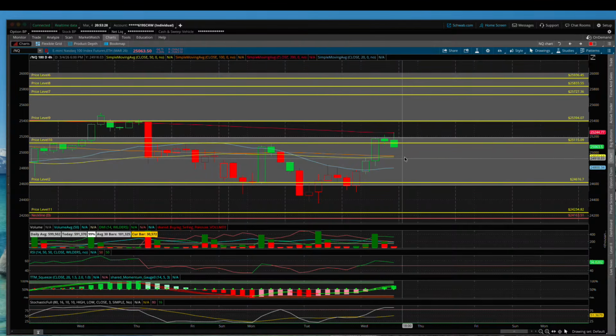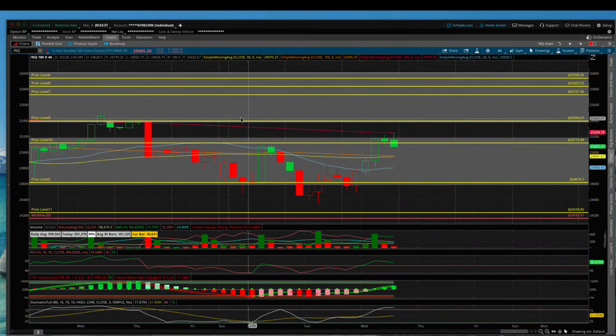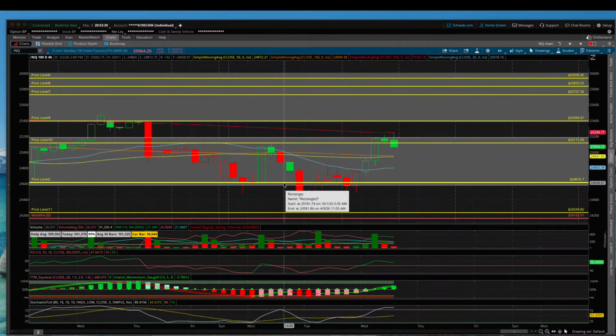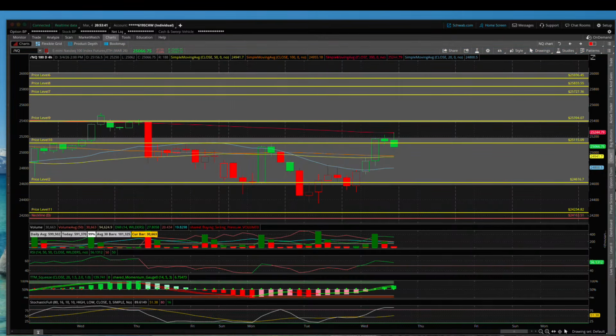If it holds it, then we set up, and then we could go 25.4 and then 25.5. And that's NASDAQ.